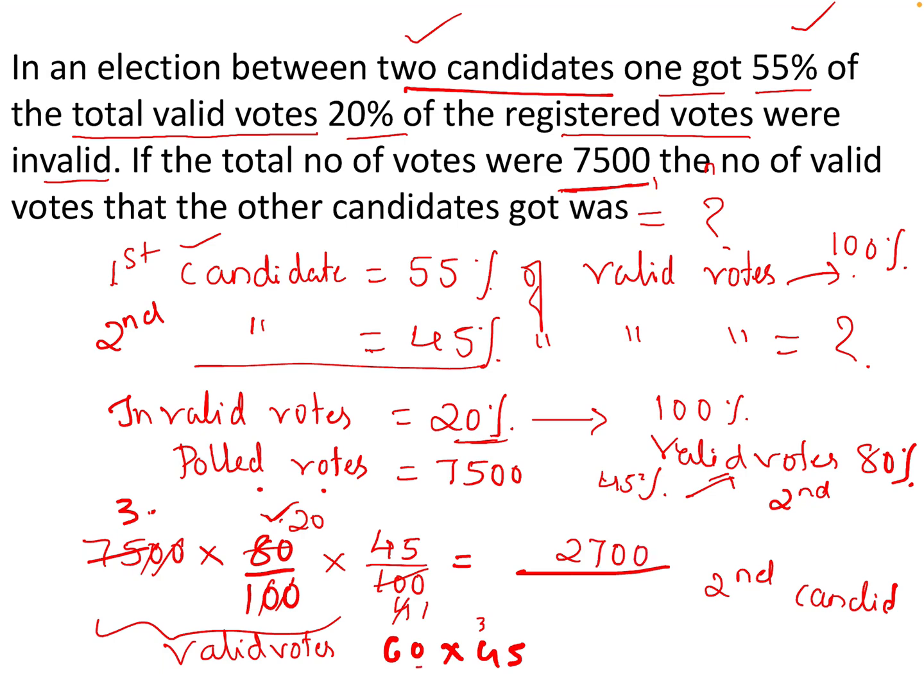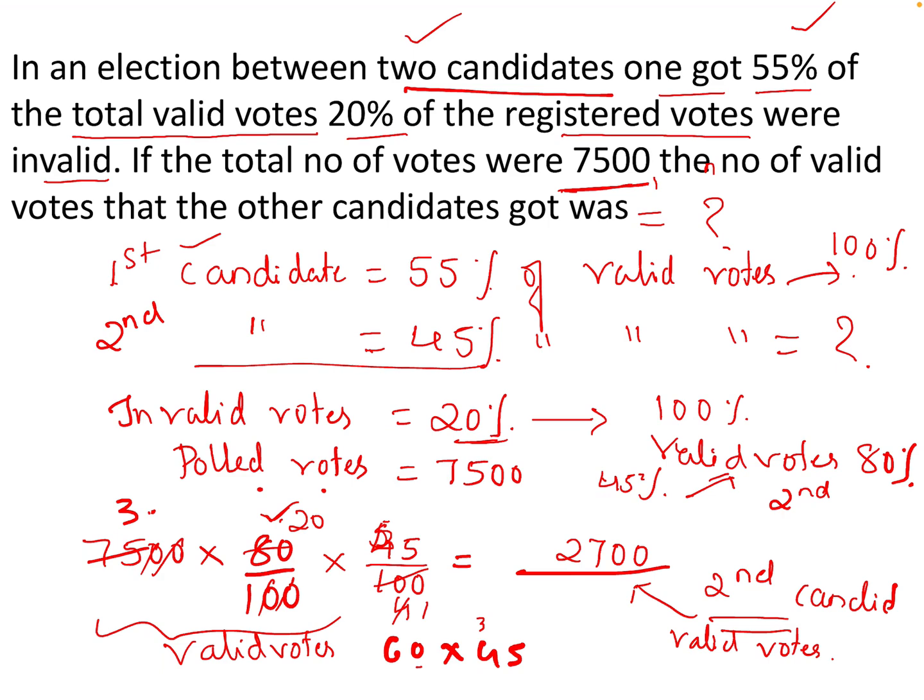So the second candidate got 2700 votes of valid votes. If they had asked how much the first candidate got, instead of this 45 we should use 55, and that would give us the number of votes the first candidate got.